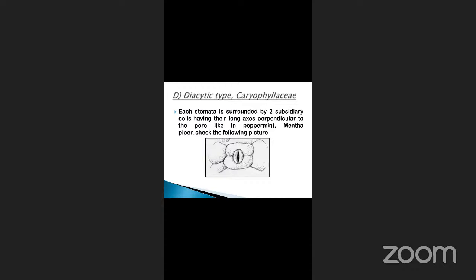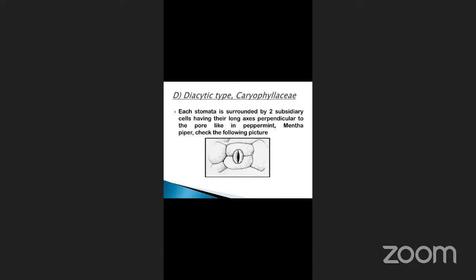This type of stomata is called caryophyllaceous stomata. Commonly found in Caryophyllaceae.